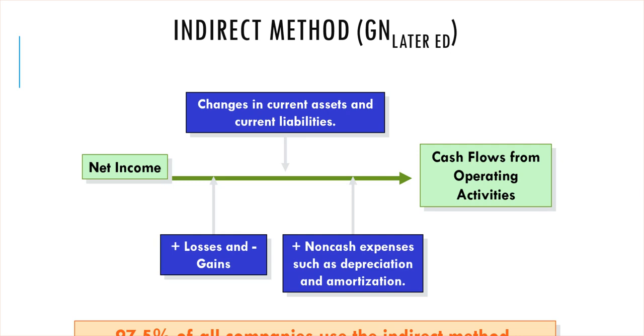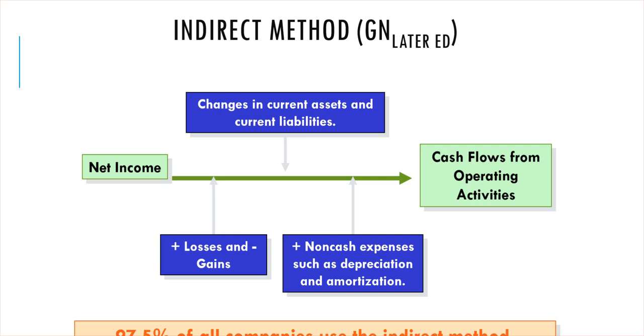Well, on your assignment, I'm going to ask, what are the items other than current asset and current liability changes that go in between net income and operating cash, or cash from operations? You are going to have those two items on the bottom, and you're going to look at those two combined, and you're going to give me a total.